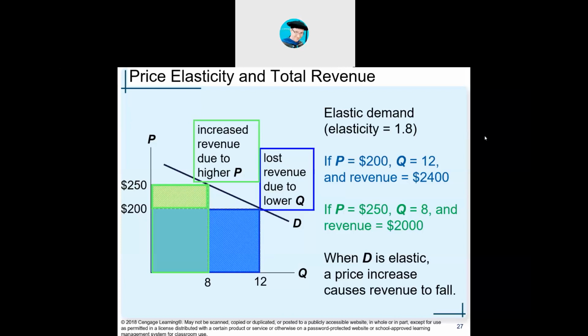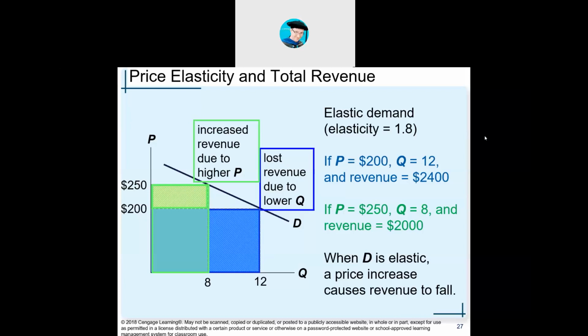If my price rises to $250, I'll sell 8 websites, which means my revenue dropped to $2,000. So I'm selling less because my prices went up. I got more per sale, but I got fewer customers, in terms of demand anyway.